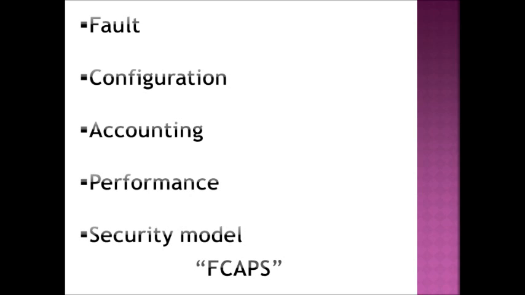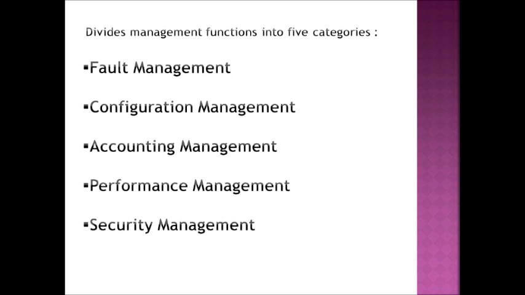A few reference models have been widely established. One of them is the fault, configuration, accounting, performance, security model, commonly referred to as FCAPS, pronounced FCAPS, rhymes with snaps. As its name indicates, it divides management functions into five categories: fault management, configuration management, accounting management, performance management, and security management.